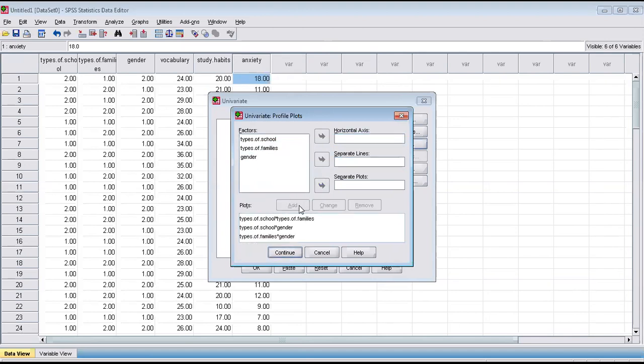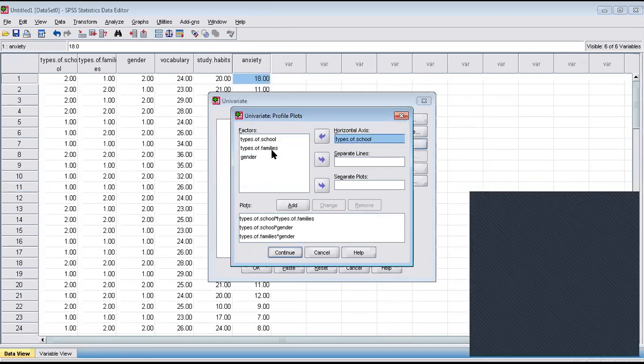So these are the 3 first order interactions I have done. Now for second order, maybe I say types of school, then types of family, and separate plots. I will have 1 plot for the male and another plot for the females.